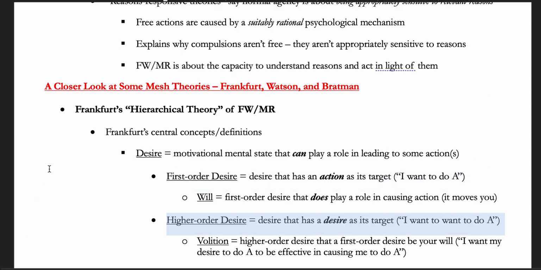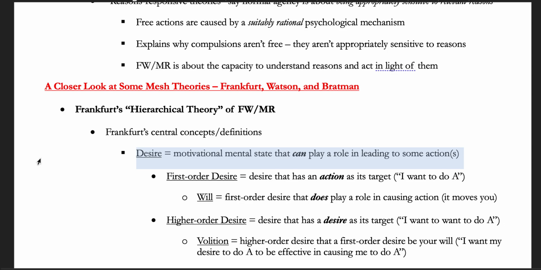I'll cash that out right now. But the idea is that desires are going to be the central, important part. There's a little bit more, but it's about having the right kinds of desires and having your desires aligned in the right way. At least centrally, that's what it's about.